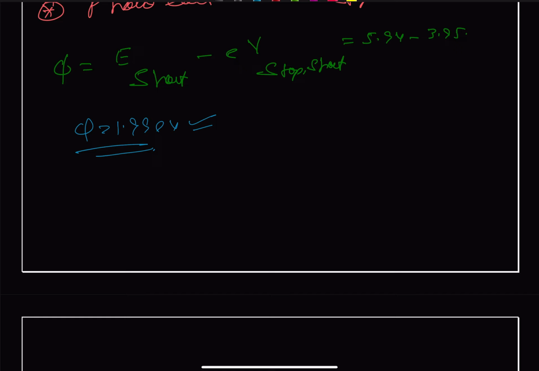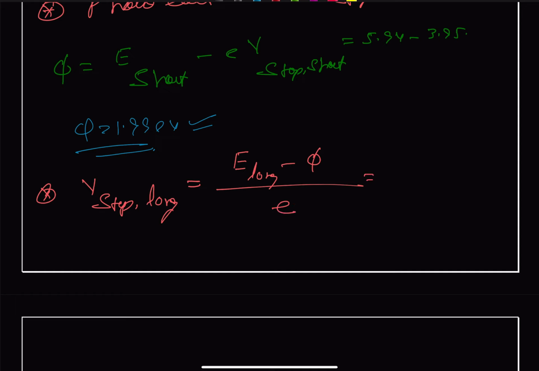So the stopping potential for the longer wavelength will be equal to energy associated with the long minus work function, divided by E. And this E is a representation of electron volt, whose value we already know. So this comes as 2.75 minus 1.99, and this gives us 0.76 volts.